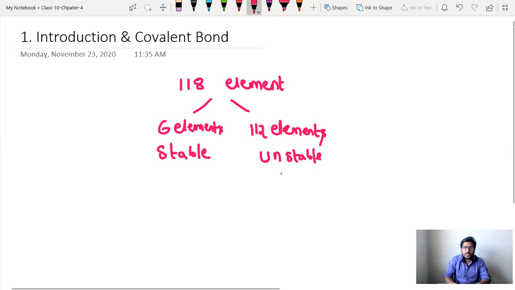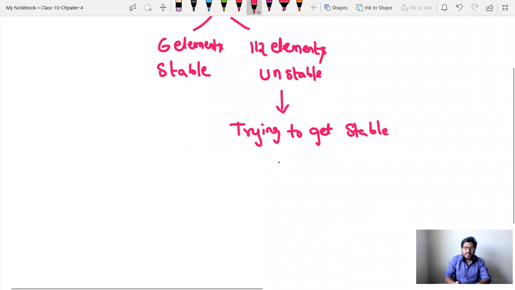All these 112 elements will be trying to get stable. Now the concept is how it will try.